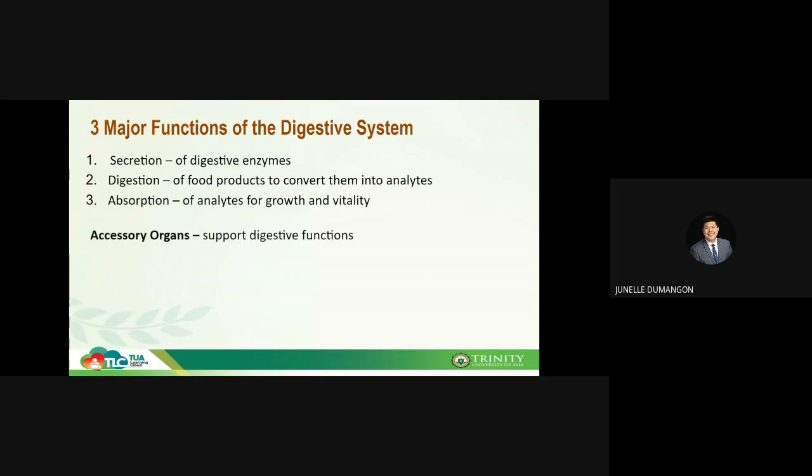So in our digestive system, aside from the digestive organs, we also have accessory organs. When we say accessory organs, these are organs that may not necessarily have food passing through them, but they do have functions that support digestion. This includes your salivary glands, which secrete amylase, and amylase is very important for carbohydrate digestion.